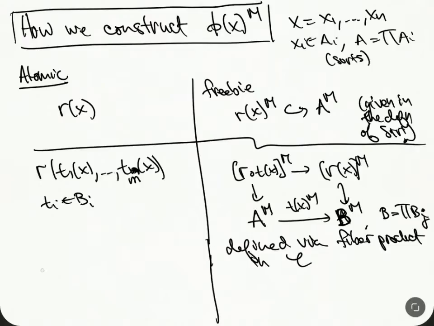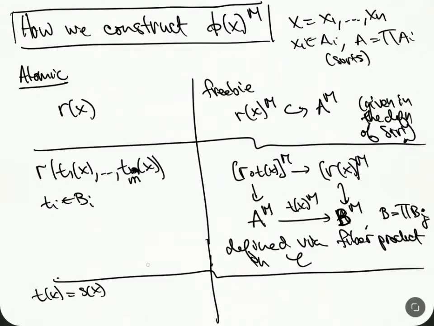Okay, lastly, out of the atomic things, we had equality. So we had two terms. If we're given s and t, we could have, let's say, t of x is equal to s of x. Let's say they're both terms of sort b.